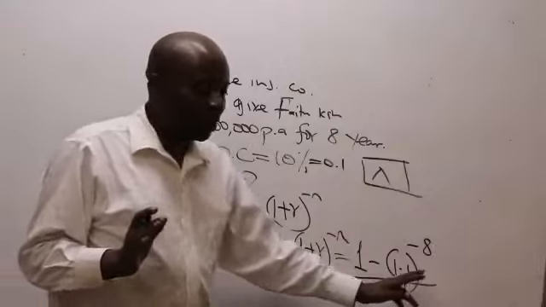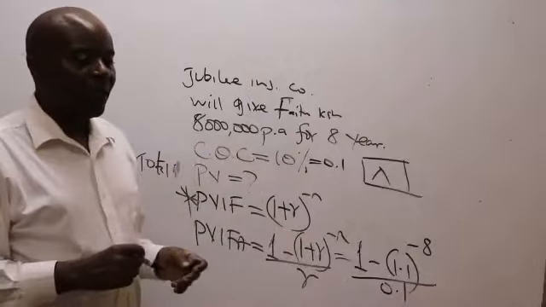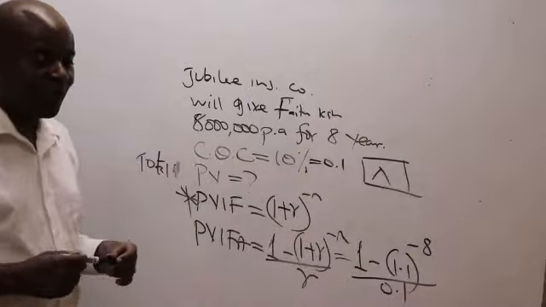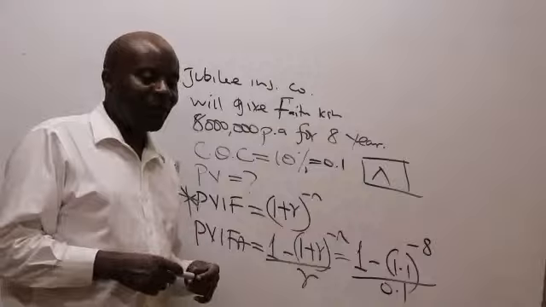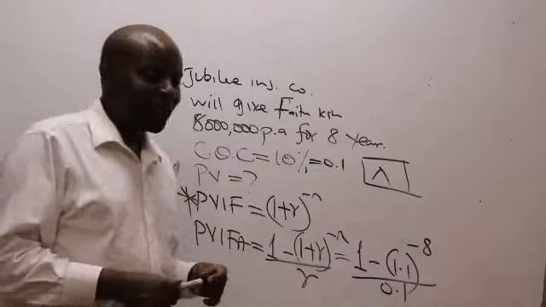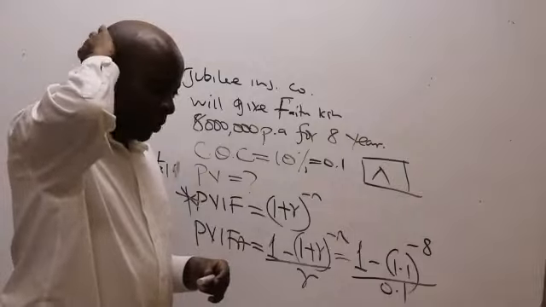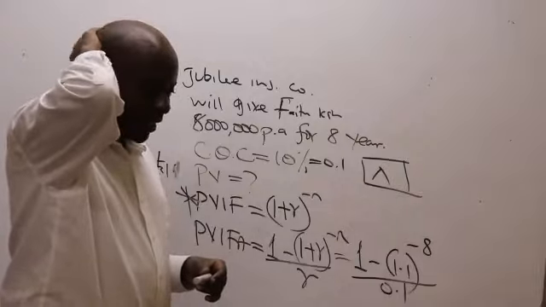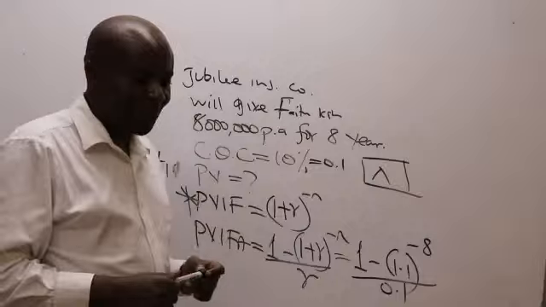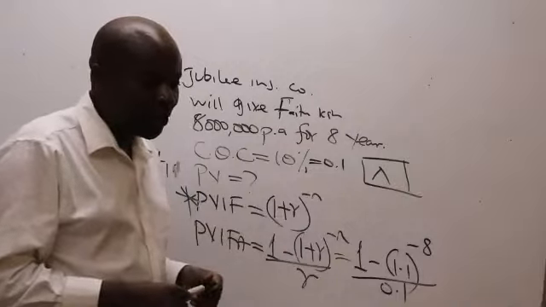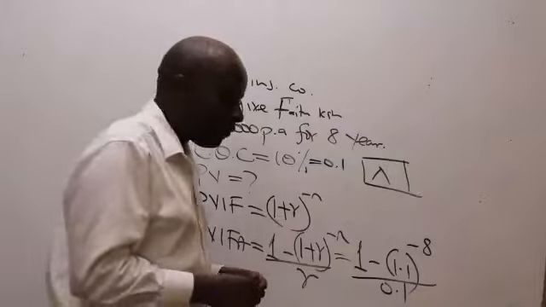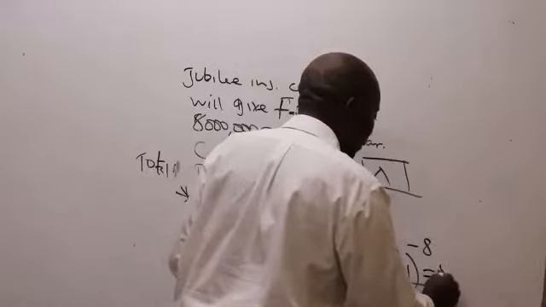And then you give me this PVIFA. Is there somebody who can give me this PVIFA figure? Abracadabra, what do we have there? We have somebody giving me 5.335.